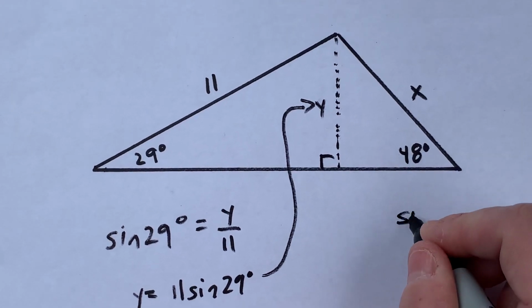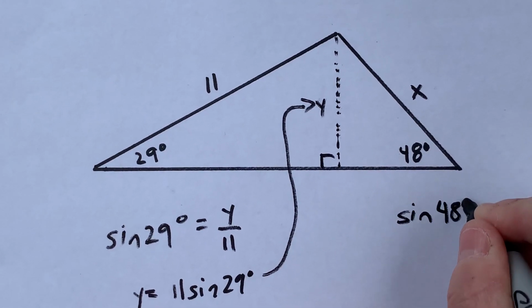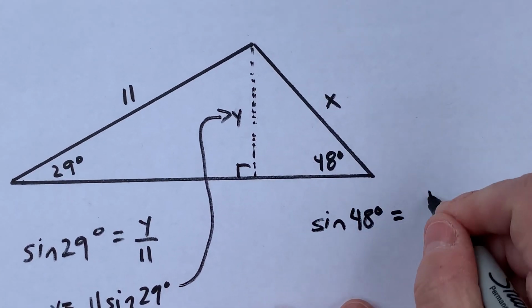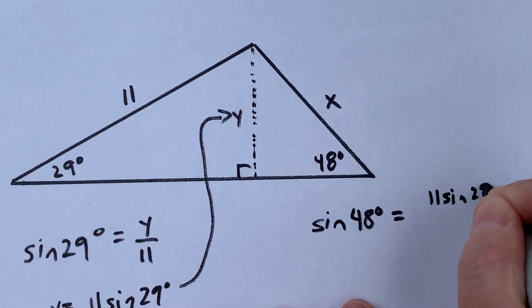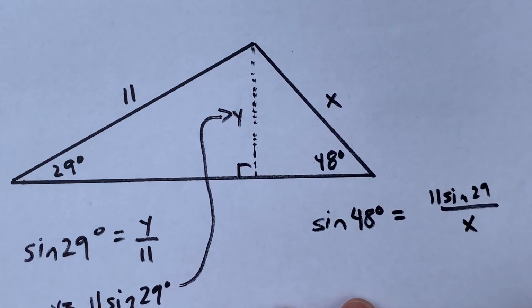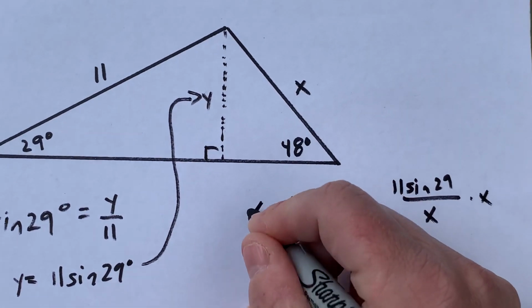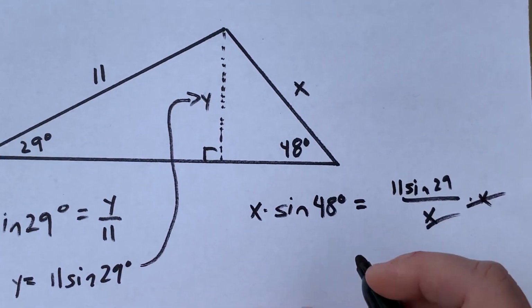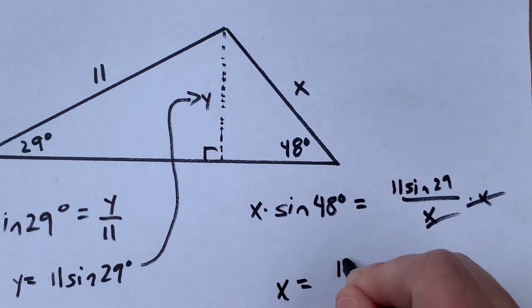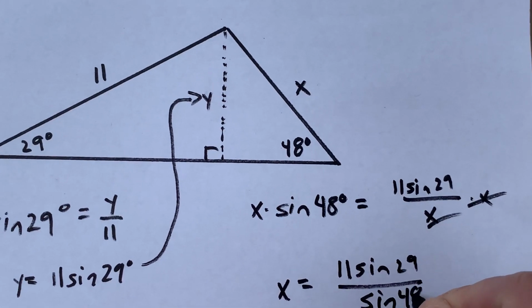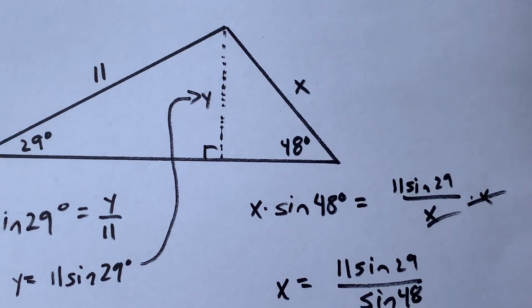So again, I'm going to use sine 48 degrees is equal to the opposite side, 11 sine 29 over x. Got to solve there for x. So I multiply both sides by the x, divide both sides by sine 48. And then I go to my calculator.